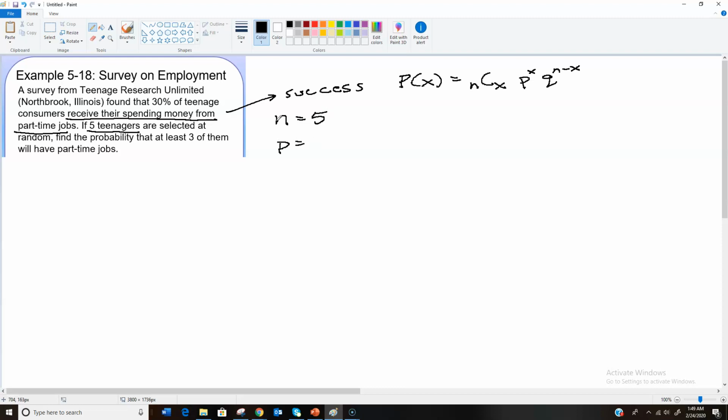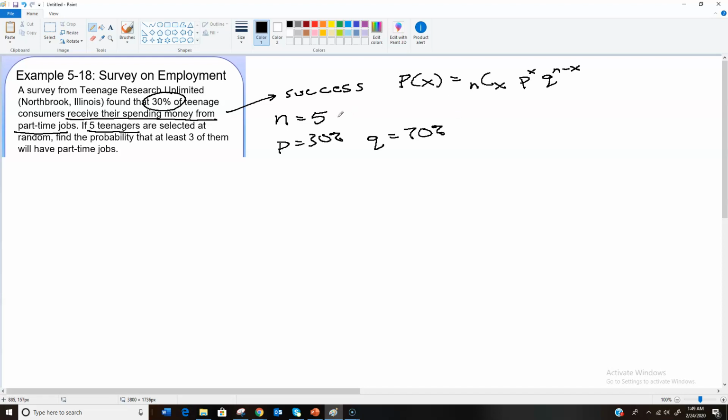Our P is 30%, which leaves our Q as 70%. So the probability each time you pick a teenager that they will have received their spending money from a part-time job is 30%, and then the chance that your randomly picked teenager is going to get their spending money from somewhere else or not have spending money is going to be 70%.